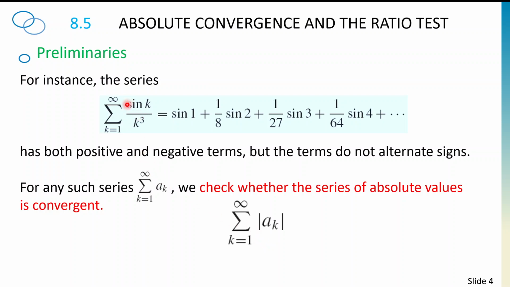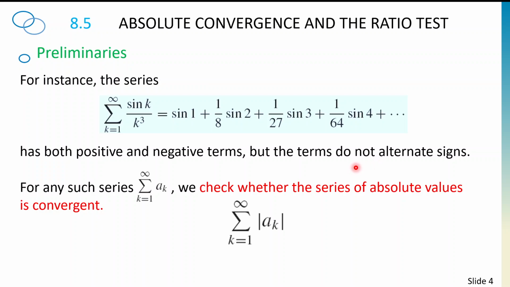So for example, if I think about sin k over k^3, I know here that the terms are sometimes positive, sometimes negative. Remember that the sine range is between -1 and 1. So these terms, if I add them as a series, will be sometimes positive, sometimes negative, but they don't alternate signs.